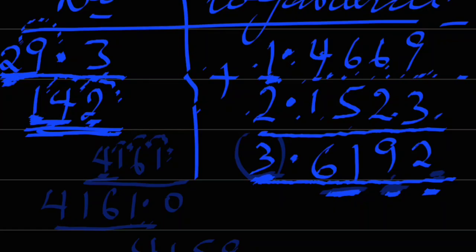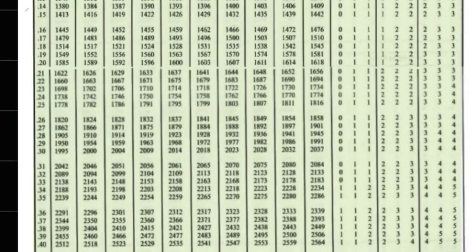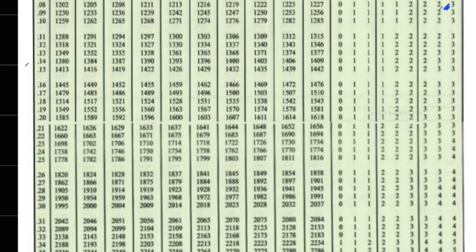Let's check it. 0.61 under 9, difference of 2. You will see that we have the numbers here. This is 0.01, and we are looking for 0.61.